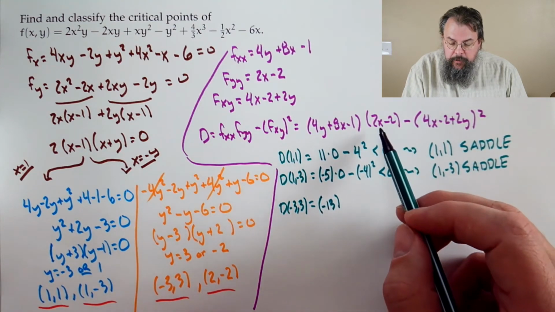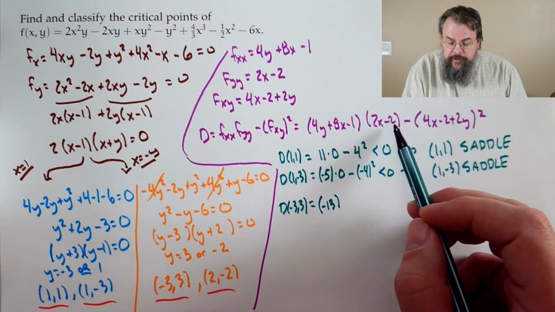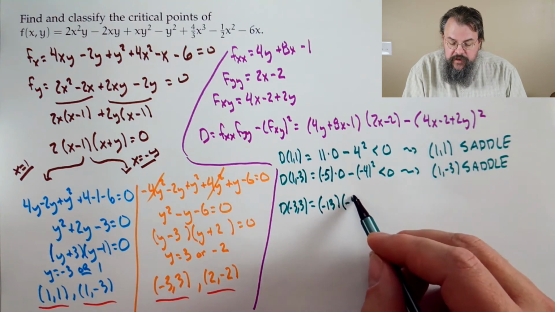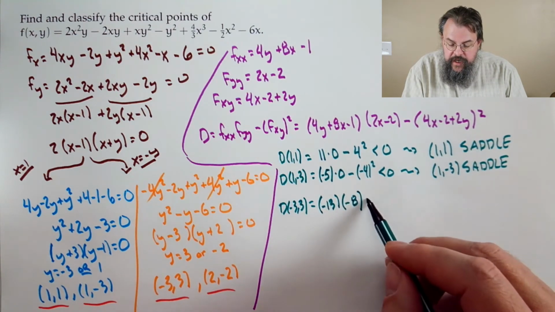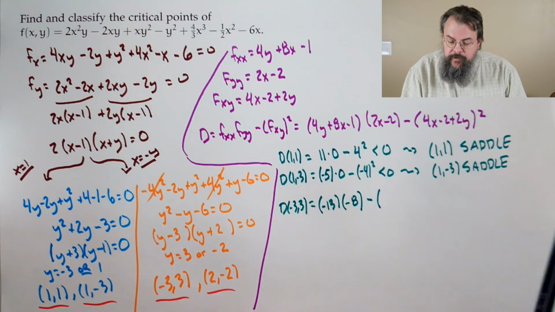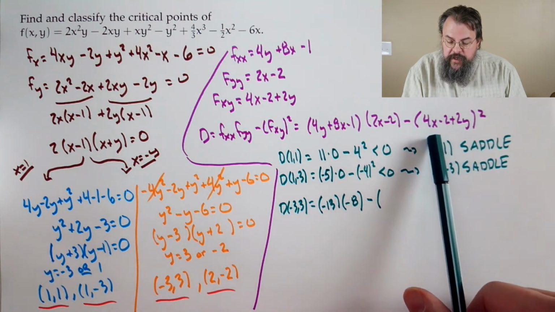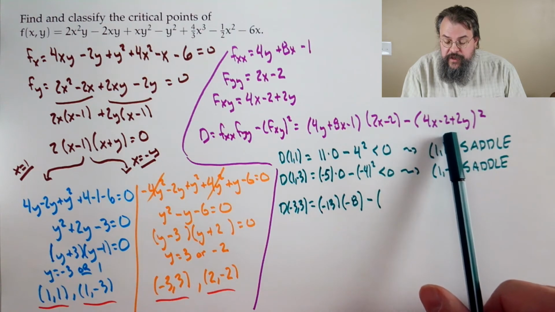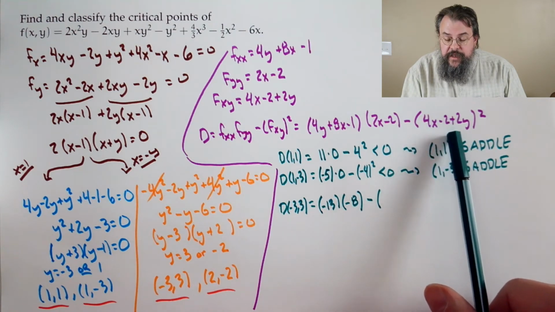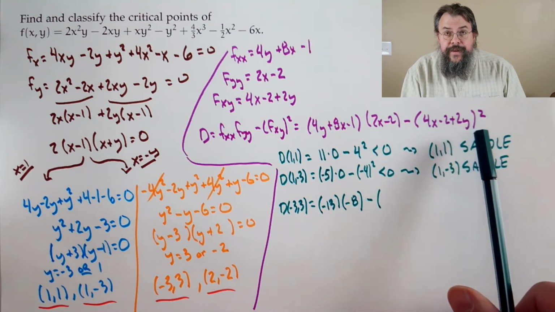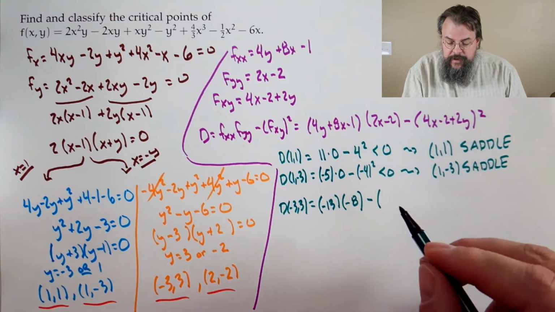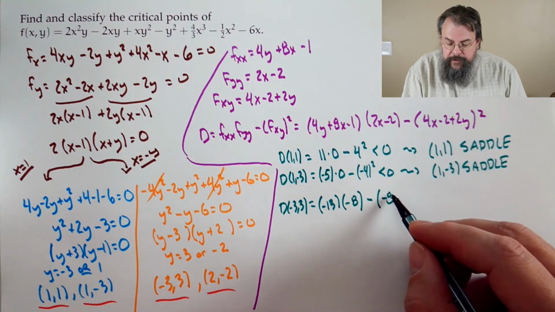Then we're going to get minus 6 times minus 2. Minus 8. Subtract. Okay, so 4 times minus 3 is minus 12. Minus 2 makes minus 14. Plus 6 would make that minus 8. And of course, we're going to square that.